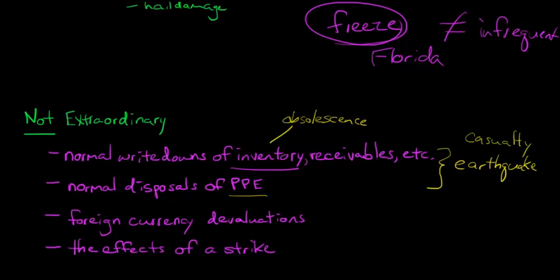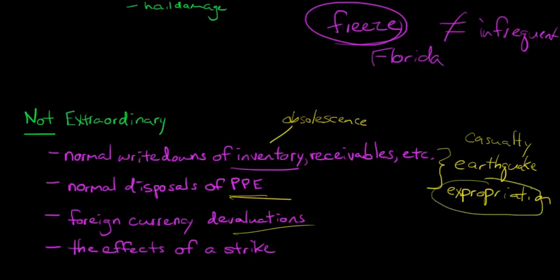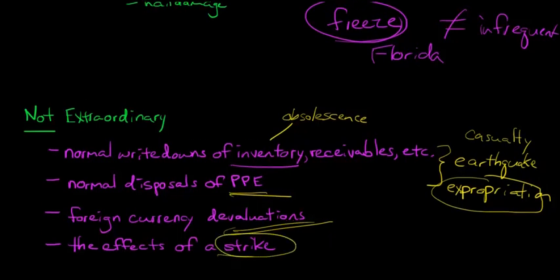Now if there's some kind of problem in a foreign country, maybe an expropriation of assets from your firm, for example property, plant, and equipment, that kind of thing can lead to an extraordinary item. But just the currency being devalued due to some political instability, that is not an extraordinary item. And if your workers go on strike, that is not an extraordinary item either.